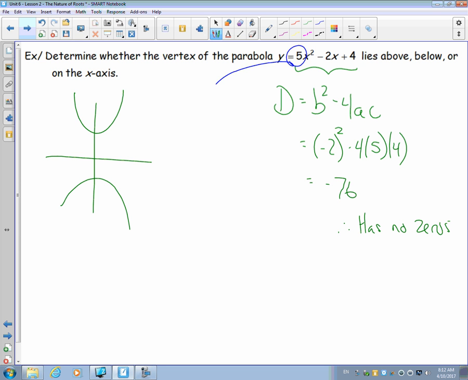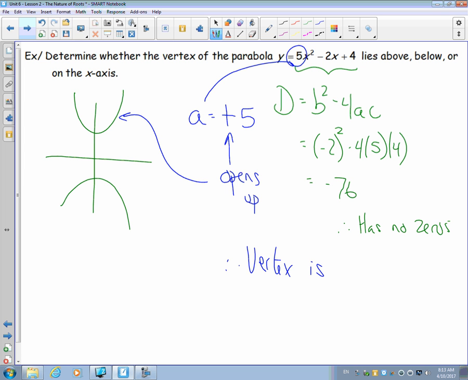I know that this is my a value, and I know that it's positive 5. I know positive 5 means it opens up. That tells me it has to look like this. There's no choice. It has no zeros. It opens up. That's my picture. So in that case, the vertex is above the axis.